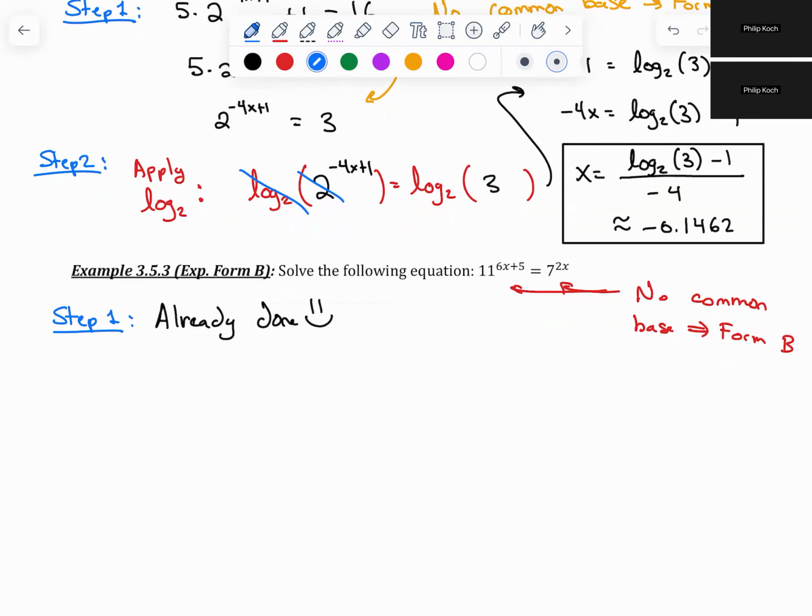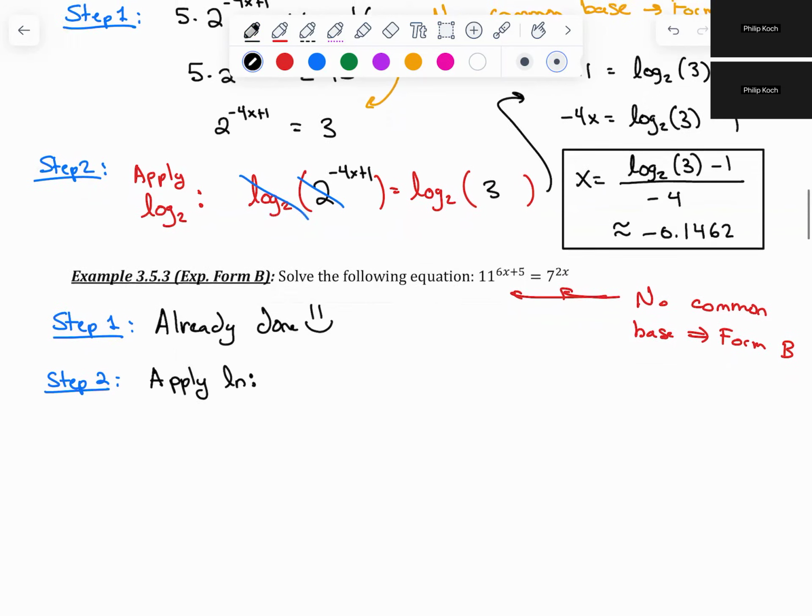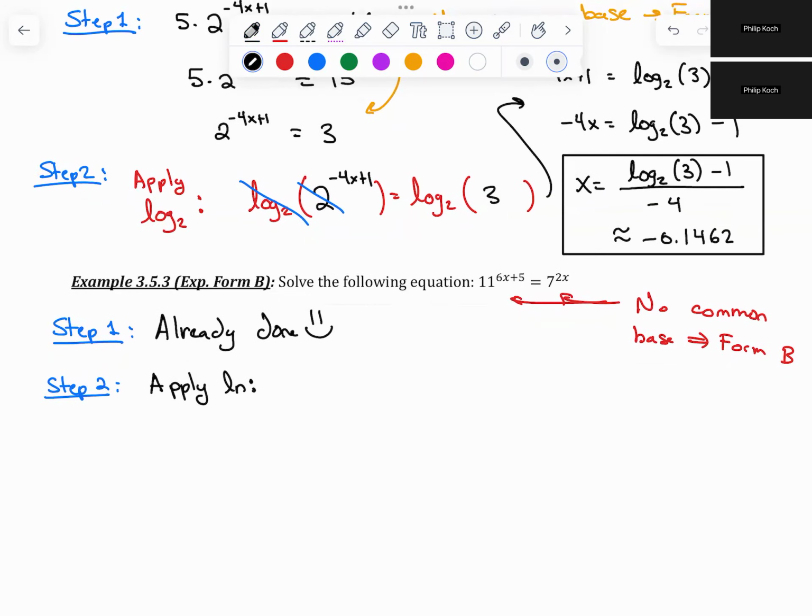So step two, we're going to apply ln. ln of the left-hand side equals ln of the right-hand side. Natural log of 11 to the 6x plus 5 is equal to natural log of 7 to the 2x.